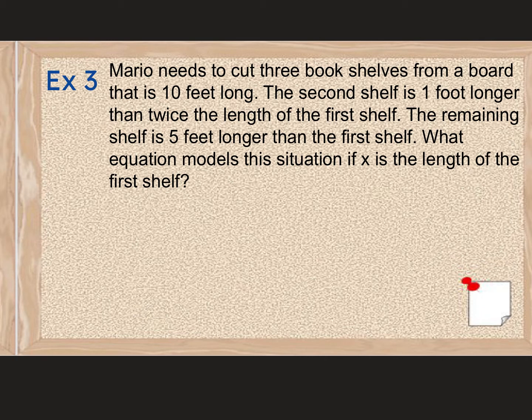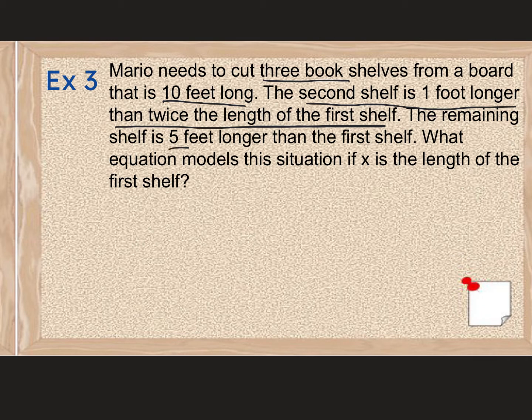All right, so looking here, Mario needs to cut 3 bookshelves from a board that is 10 feet long. So we know that the total of those bookshelves added together, the total length of it, is 10 feet long. The second shelf is 1 foot longer than twice the length of the first shelf.